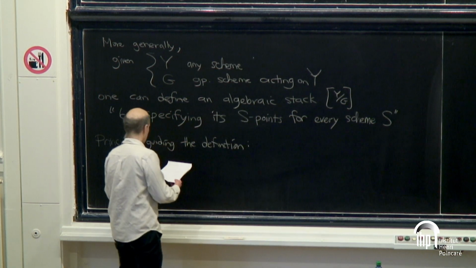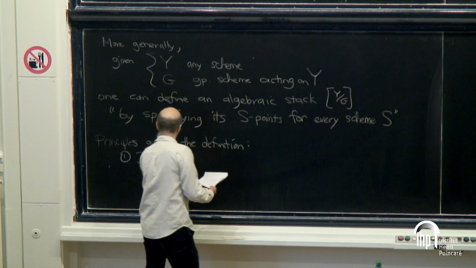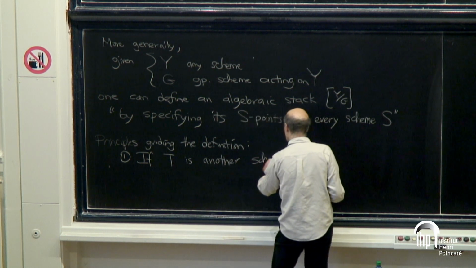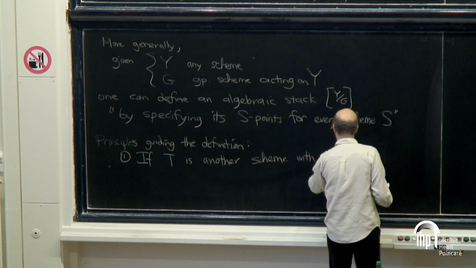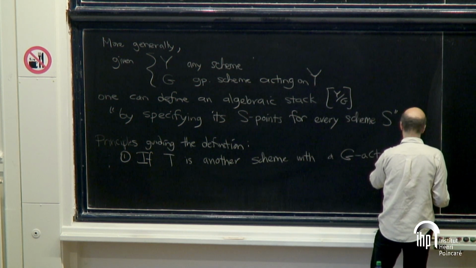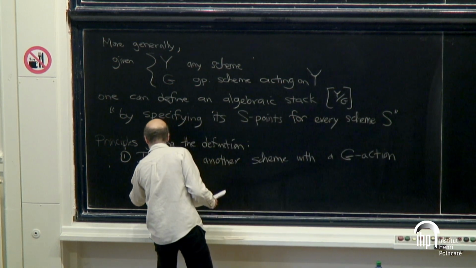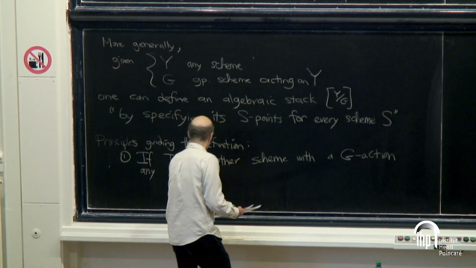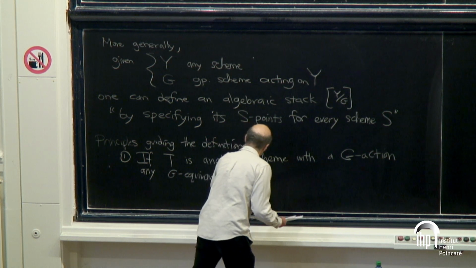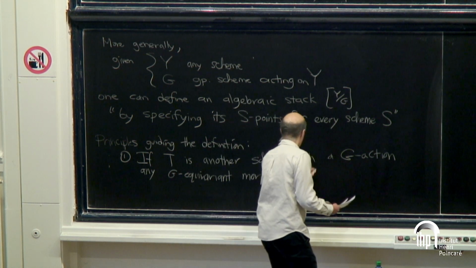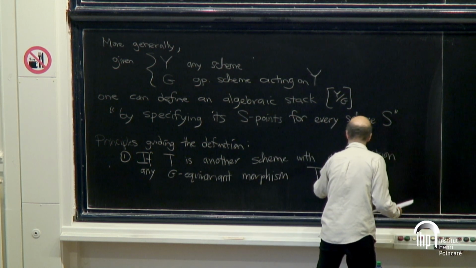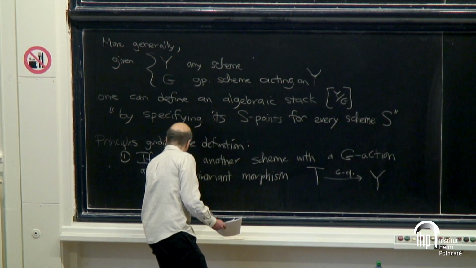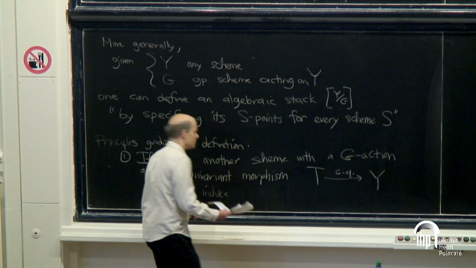So first, if T is another scheme with a G action, and if you have an equivariant morphism, any G equivariant morphism from T to Y, that map is compatible with the G actions, so it should induce a morphism of the quotient.